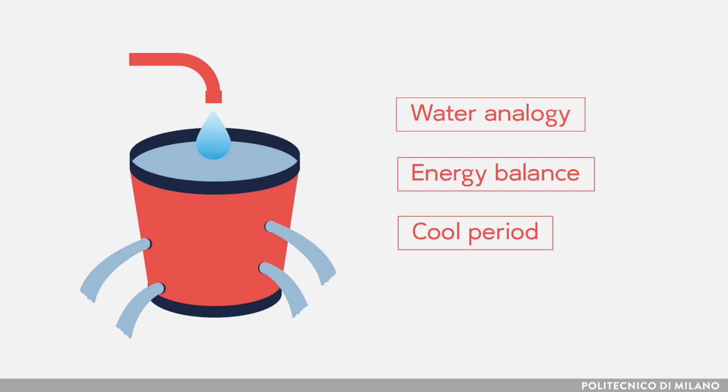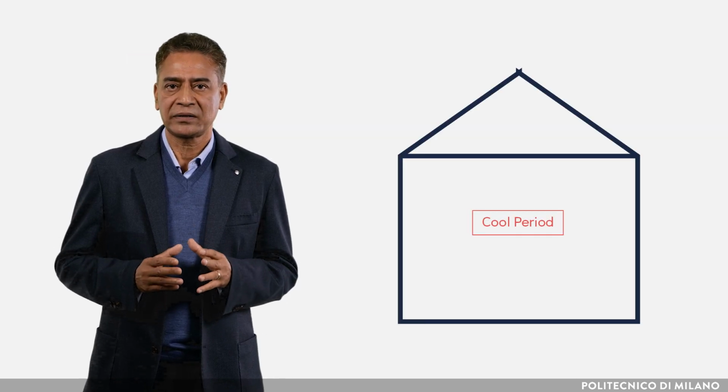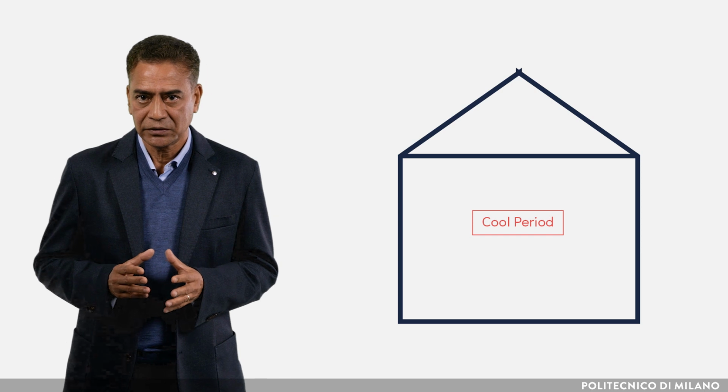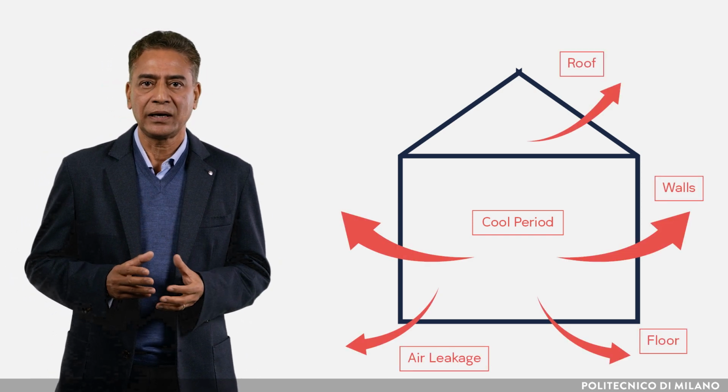In the same way, to maintain a certain temperature inside a building in a cool period, since there are heat losses, we must provide as much heat as it loses. And this is done with the heating system. The holes of a building in winter are the transmission heat losses through the envelope, and those due to air infiltration and ventilation.